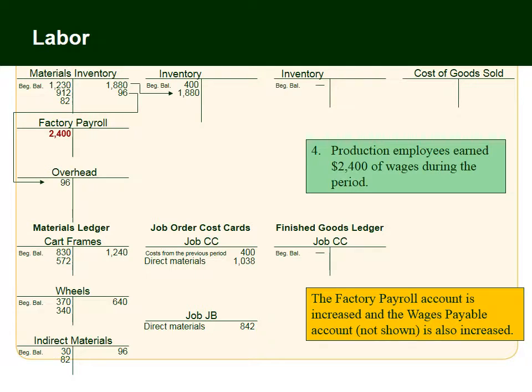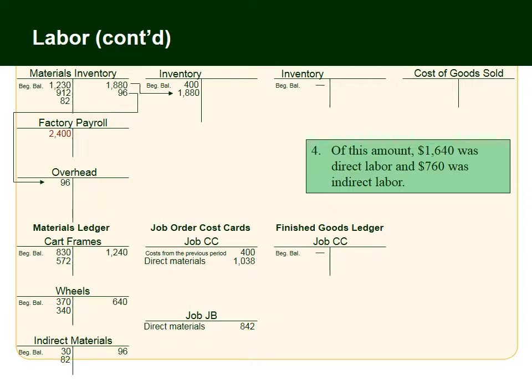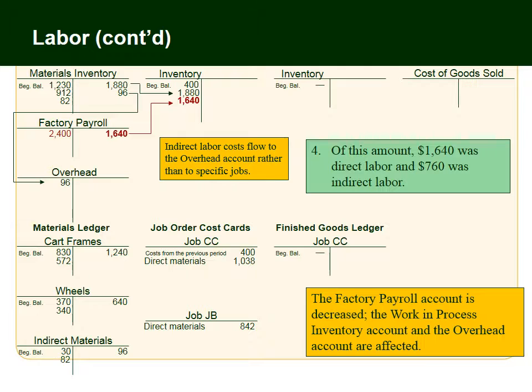Now we go to wages. Factory payroll of $2,400 comes through. It's a clearing account. It only holds costs until they're ready to go. And we will show that in factory payroll, $1,640 is direct, and $760 worth of payroll goes into our overhead accounts. This again will be allocated.